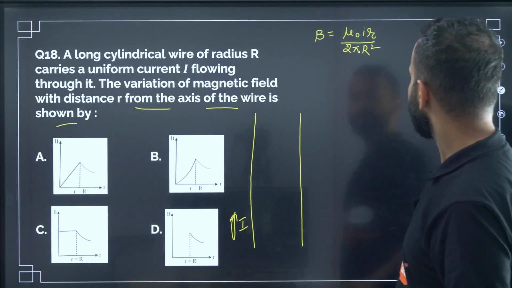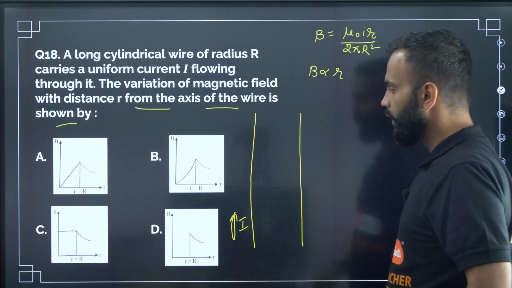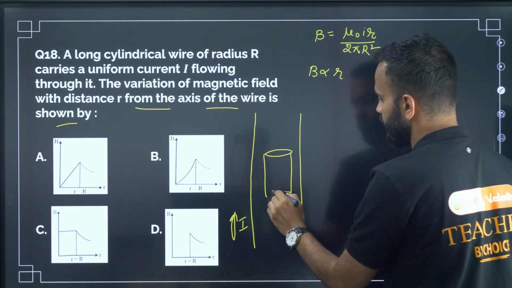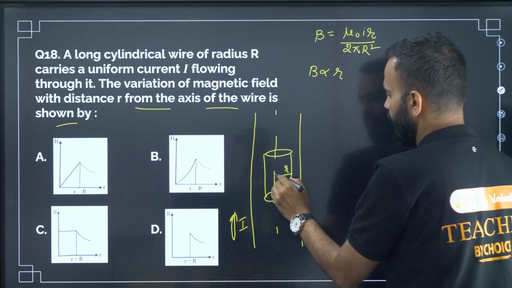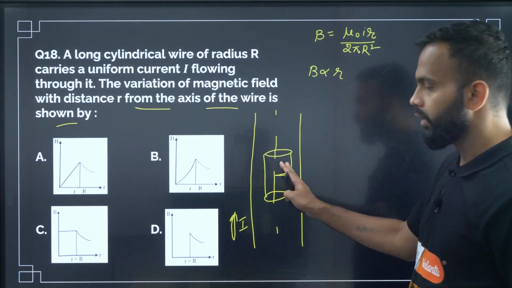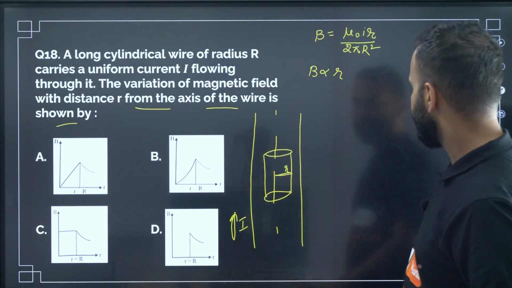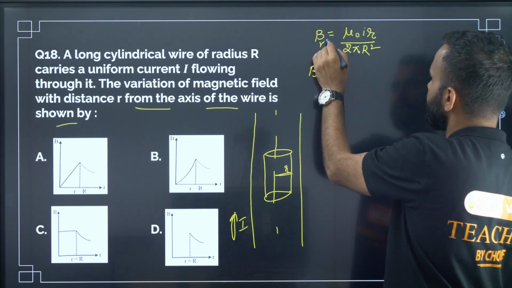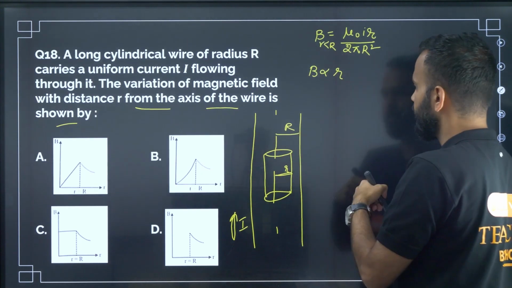This is the magnetic field inside the wire. So B is directly proportional to r, that is, the value of the magnetic field increases inside the wire as you move away from the axis of the wire. So this is the case where small r is lesser than capital R.